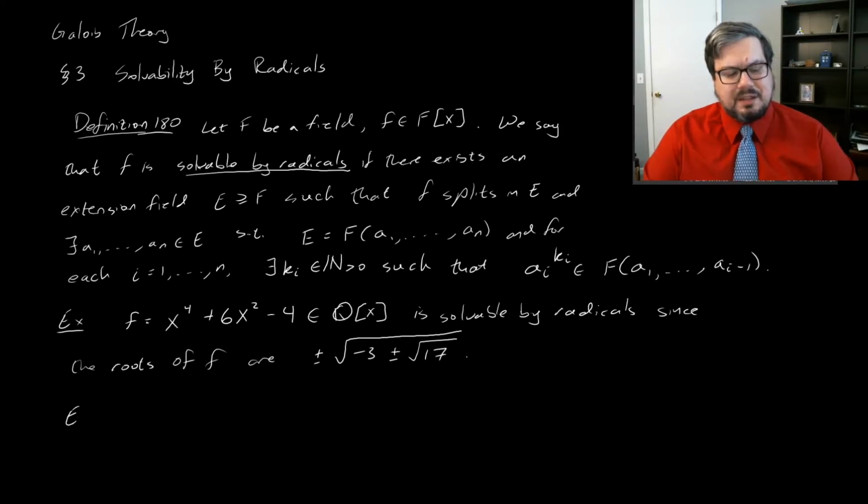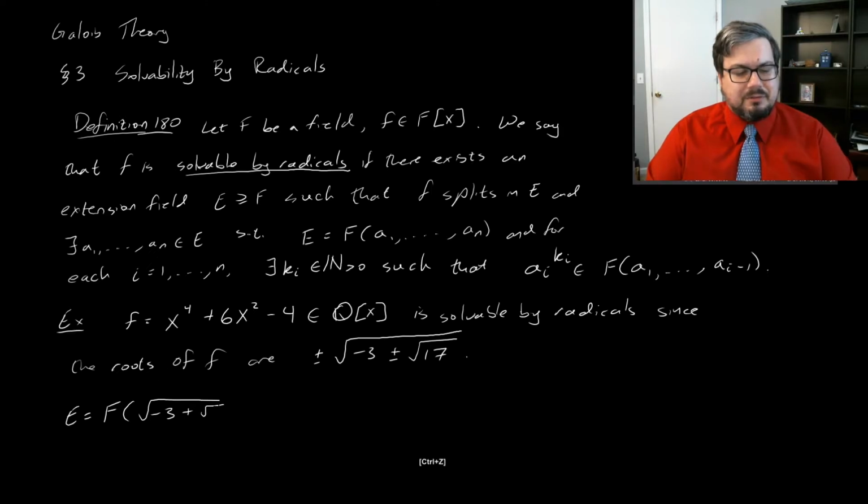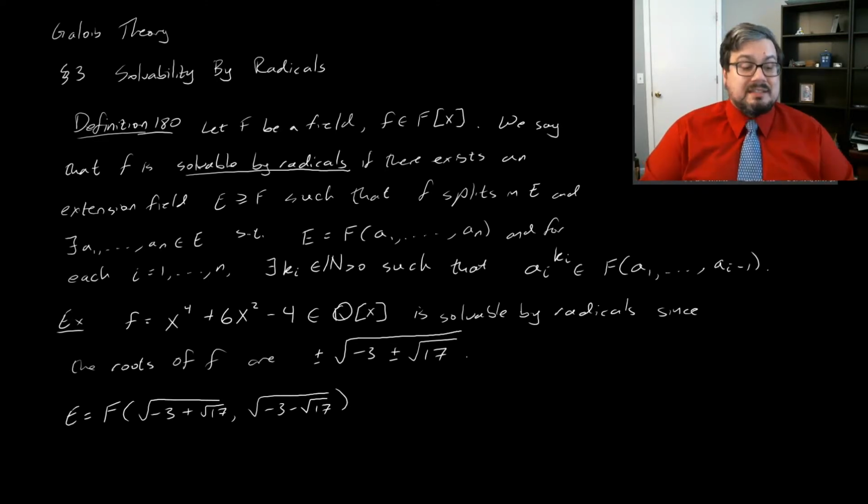And so if we say that E is the field generated by the square root of -3 plus the square root of 17 and the square root of -3 minus the square root of 17, well, this is certainly the splitting field for f, but it doesn't exactly show that f is solvable by radicals by this definition.